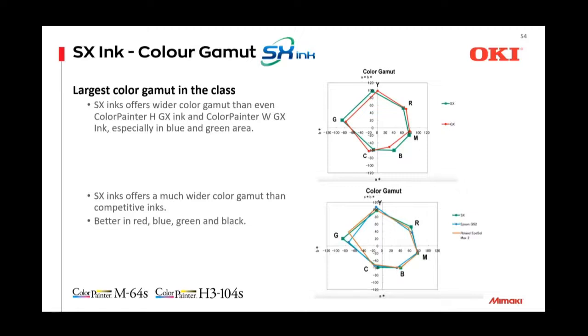The bottom graph is Epson GS2 and the Roland EcoSol Max 2. Once again, you can see we are achieving, generally speaking, the widest gamut, and in some cases, especially those green areas, quite significantly better than some of the competition.